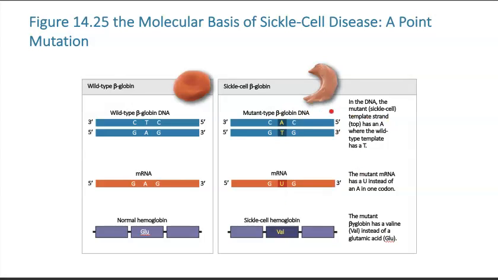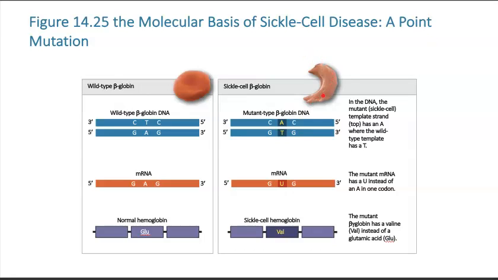If we have the mutant type, instead of it being CTC, it's CAC in the template strand, which makes it GUG in the mRNA, and that changes our amino acid to valine, and that turns out to completely change the structure of the hemoglobin molecule, and that leads to the deadly disease of sickle cell.